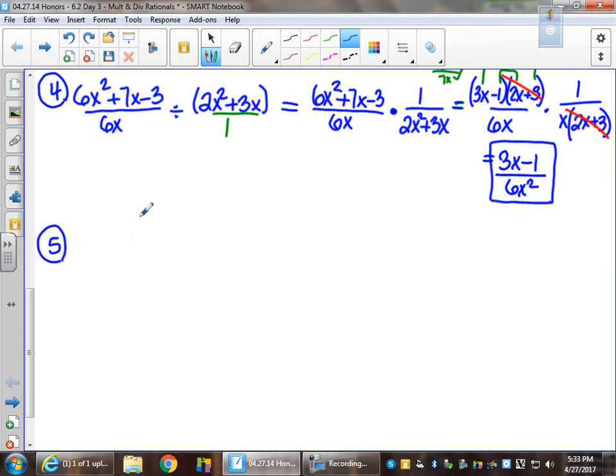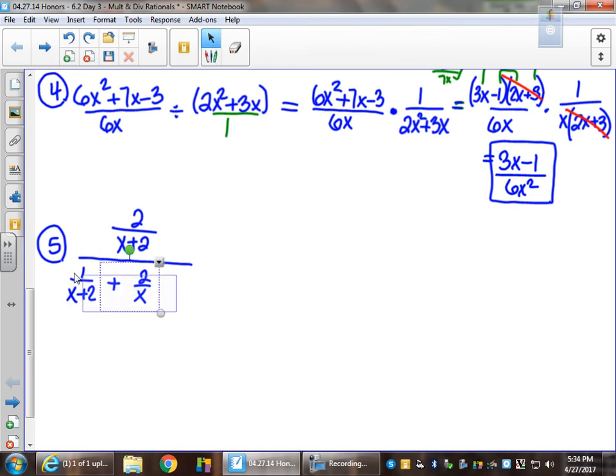Number 5 says 2 divided by x plus 2 divided by 1 divided by x plus 2 plus 2 divided by x. I can just imagine the faces we're making at this problem, but no worries. I promise we can do this together.